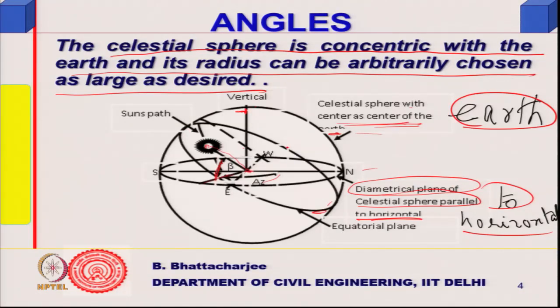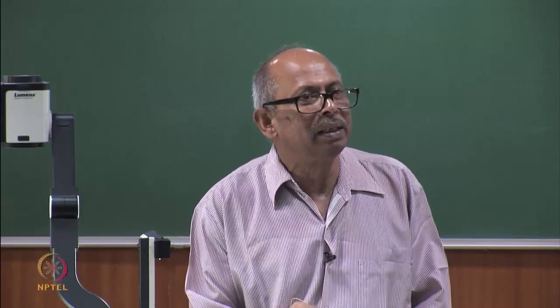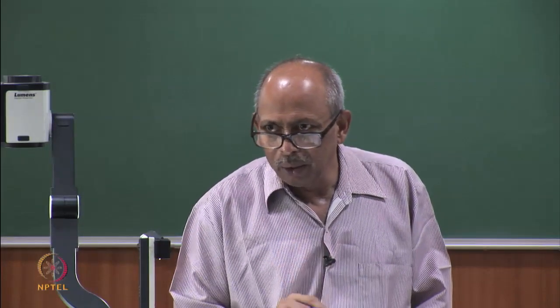So, this is my choice. For my convenience, this is my equatorial plane, that is the diameter. So, this P, what would it represent? The north pole. If it was the horizontal plane, then it would have been vertical. Here this will represent the north pole P, because the normal to the equatorial plane will be the polar direction.